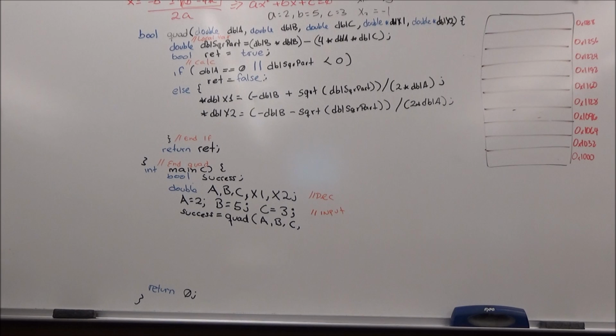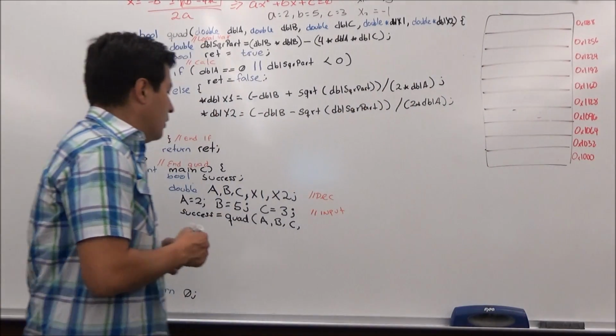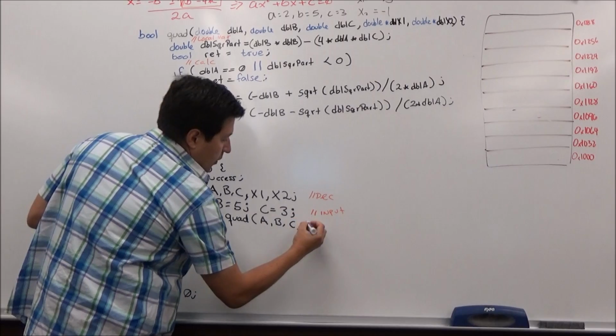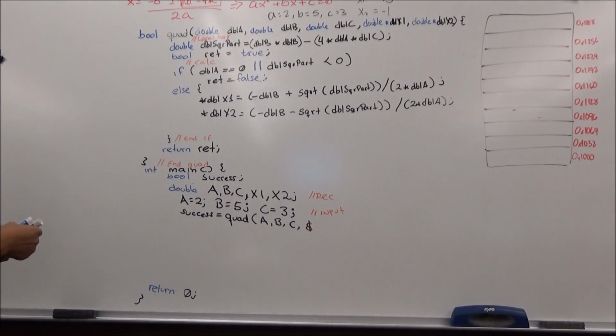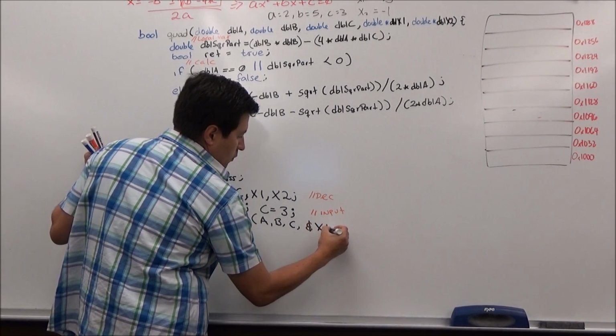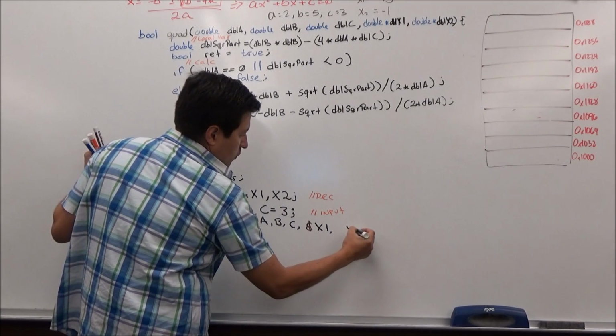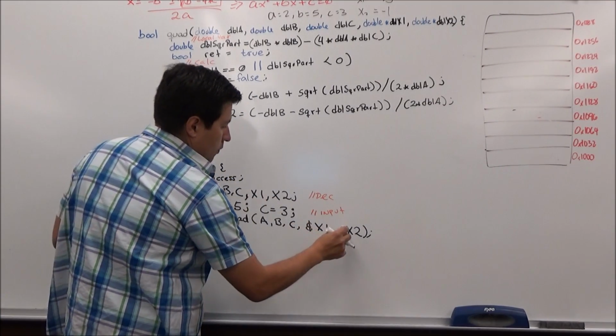So in the scanf function, for instance, you don't declare a pointer to whatever variable you pass. You just pass the address. How do you pass the address? The and sign, right? So the and sign of x1 and the and sign of x2.